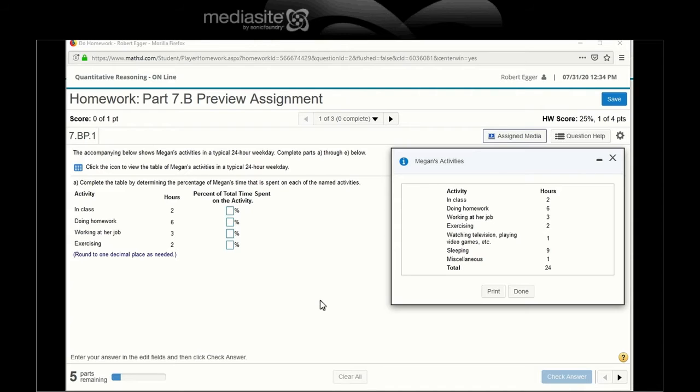And we want the percentage of them as compared to the 24-hour day. So this will be a part to whole. In this case, 2 over 24 to percentage, 6 over 24, 3 over 24 and 2 over 24 converted to a percentage.